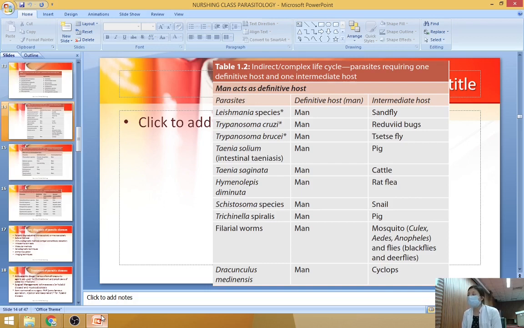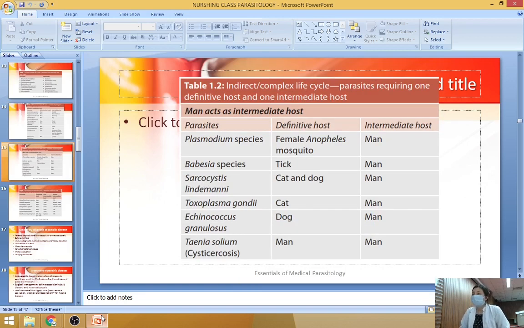The definitive host and intermediate host. By definitive host we mean what? Where the sexual cycle takes place, okay. Intermediate means asexual cycle. This is called the intermediate host. Then indirect or complex life cycle. See, Plasmodium. Plasmodium is the parasite and the definitive host is the Anopheles mosquito, which means the sexual cycle takes place in the mosquito.